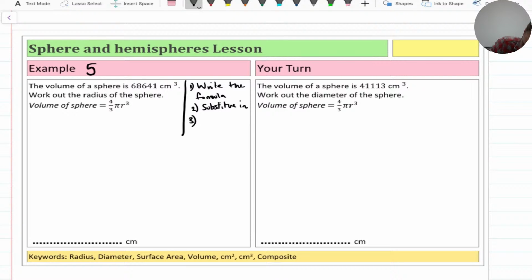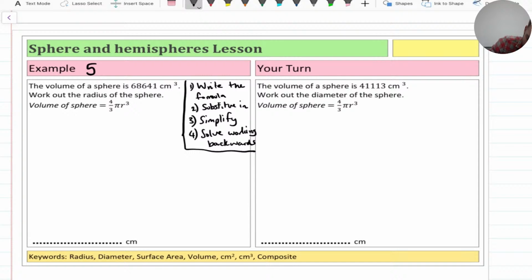Step 3 is to simplify. And the last little step, step 4, is to solve, working backwards. So they're the steps that we need to follow for this. You write the formula down, you substitute in, you simplify, and then you solve working backwards.